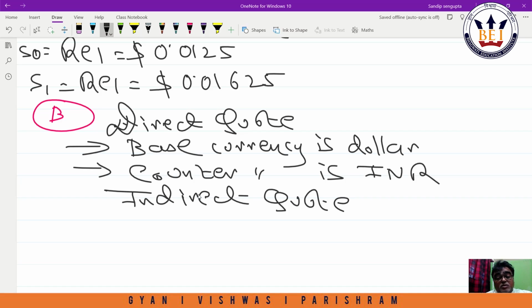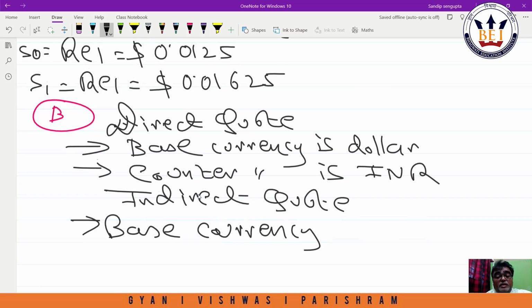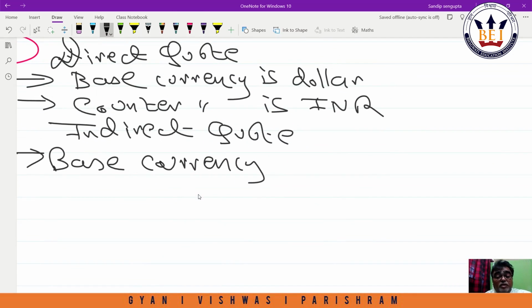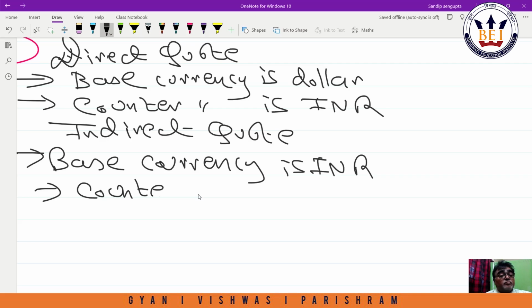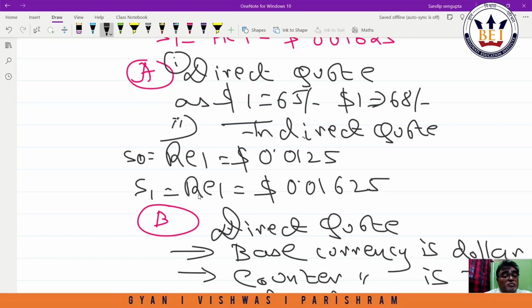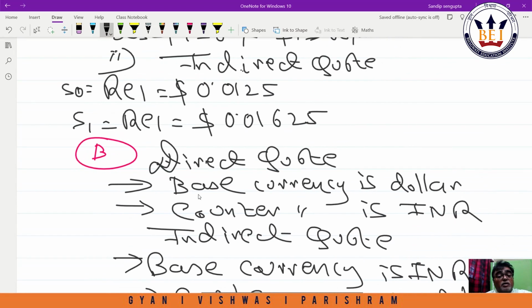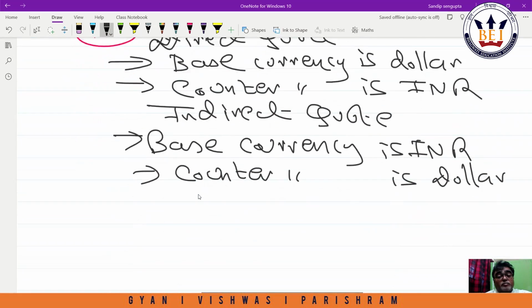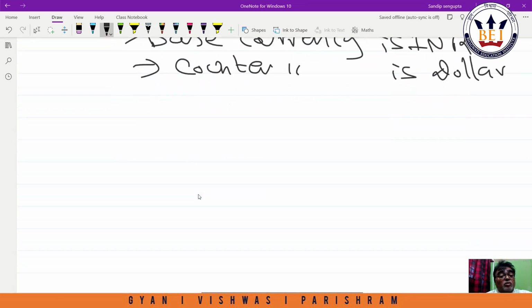For an indirect quote, the base currency is INR and the counter currency is dollar. So A answer is this. B answer is direct quote, base currency, indirect quote, this.